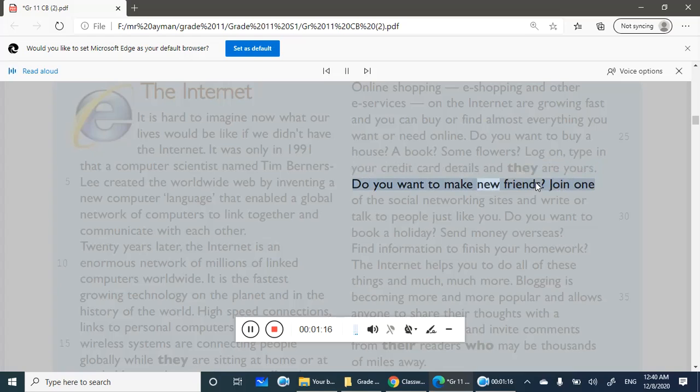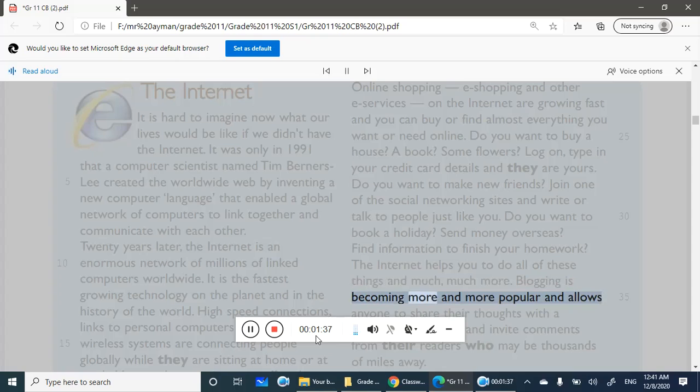Do you want to make new friends? Join one of the social networking sites and write or talk to people just like you. Do you want to book a holiday? Send money overseas. Find information to finish your homework. The internet helps you to do all of these things and much, much more.